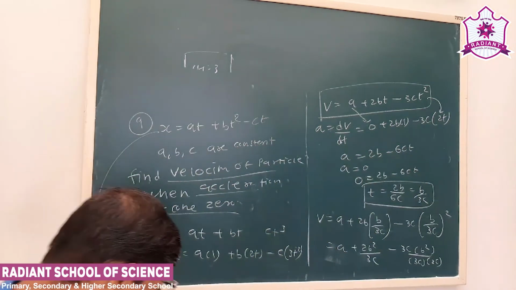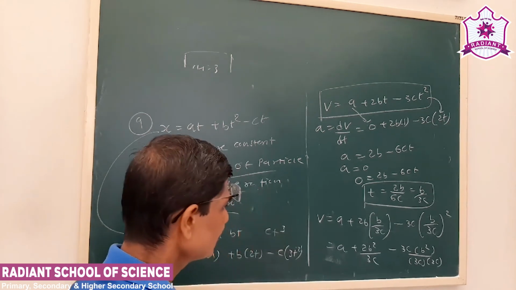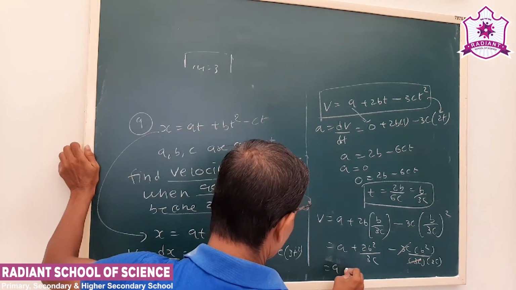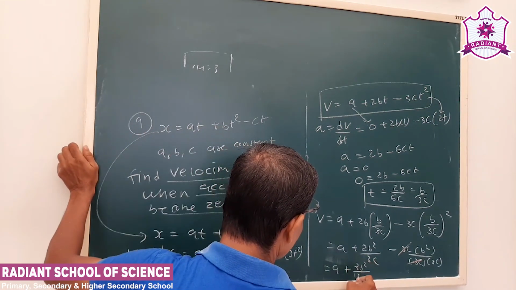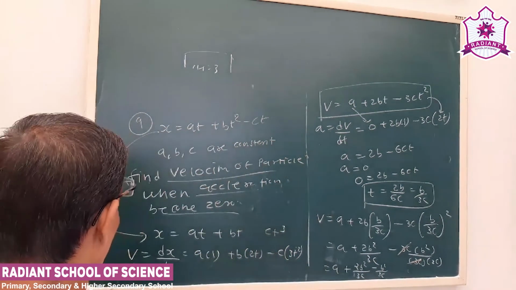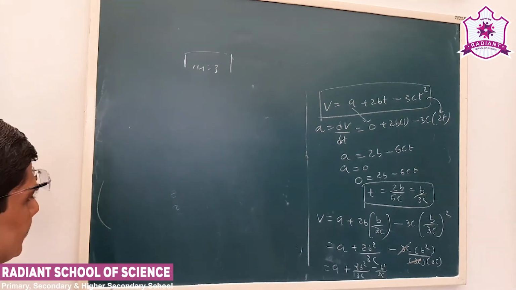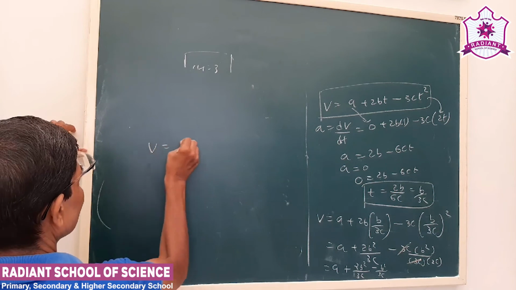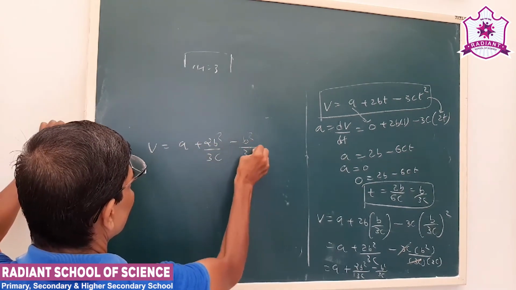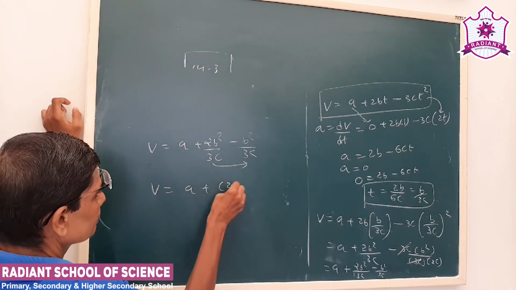For simplicity I write it like this, so we can solve it easily. See, one of the 3c will get cancelled. So this will become a plus 2b square upon 3c minus b square upon 3c. Finally we can write, v is a plus 2b square upon 3c minus b square upon 3c. See, the denominator is the same, so v is equal to a plus b square upon 3c.